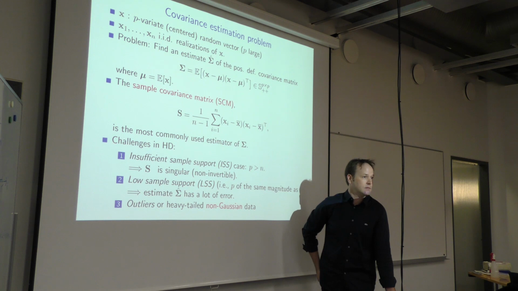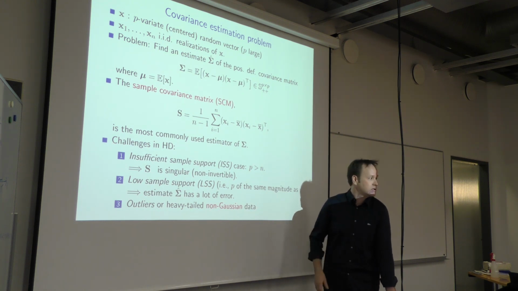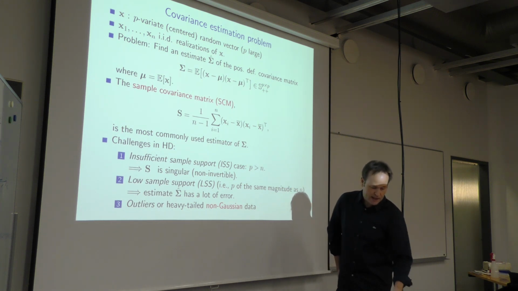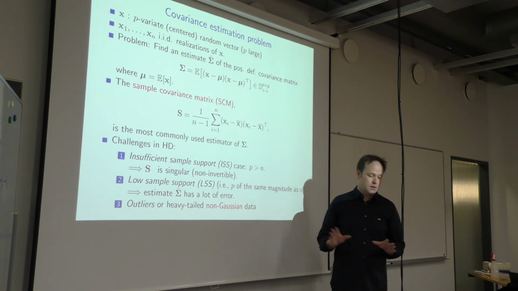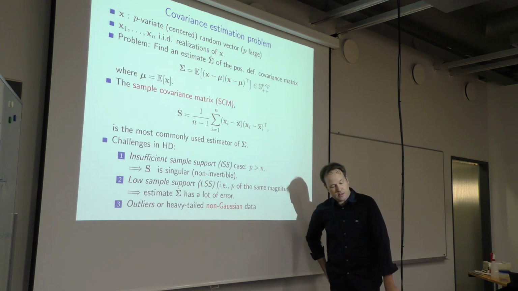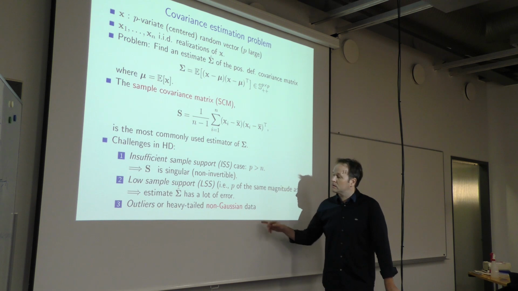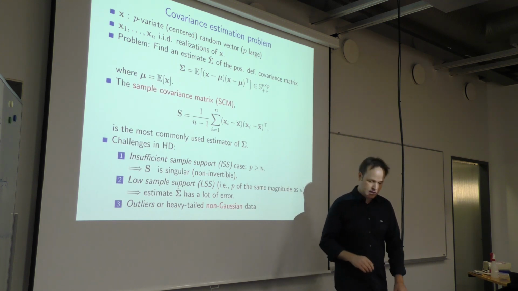So something has to be done. On the other hand, in many applications, I will show you, the data itself is not going to be Gaussian. So what I'm trying to say in this talk is that in the case that your p is large, n is small, and you have non-Gaussian data, you can do much better than using this estimator here.